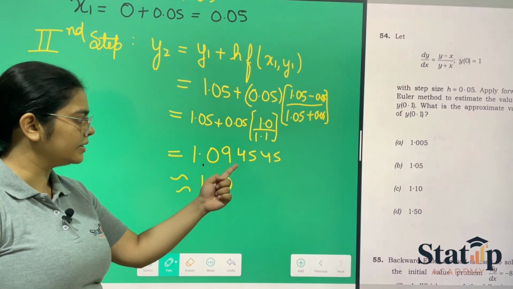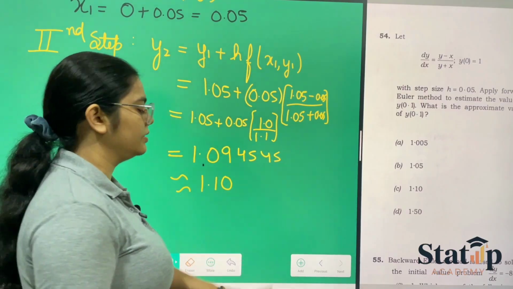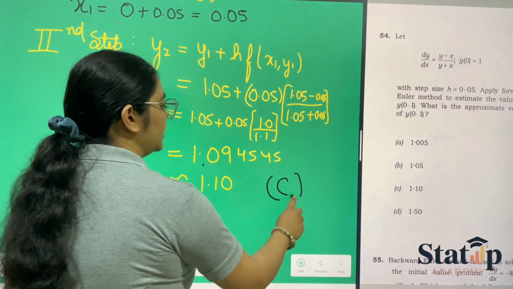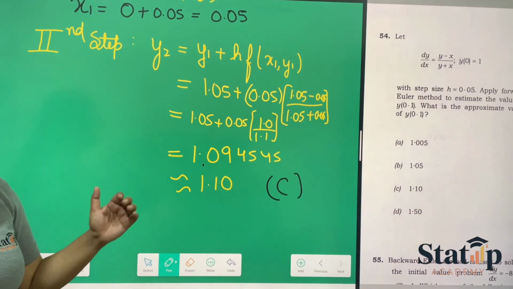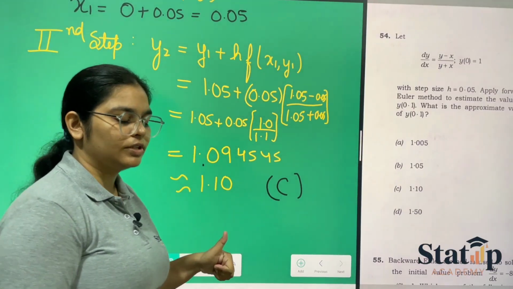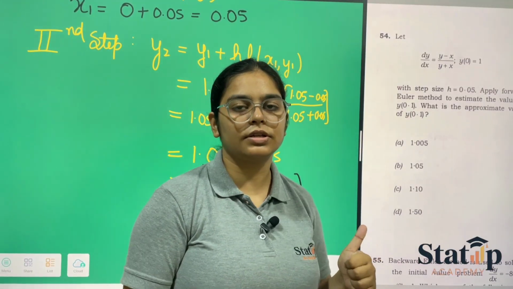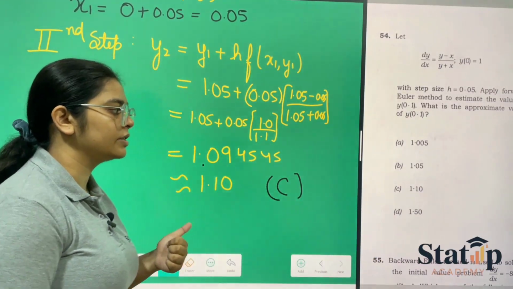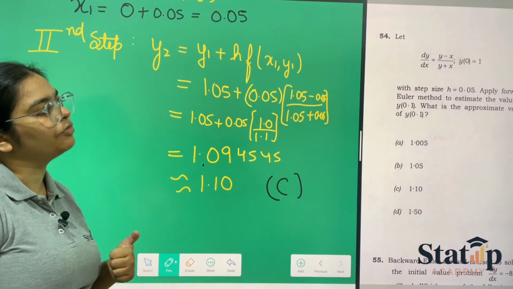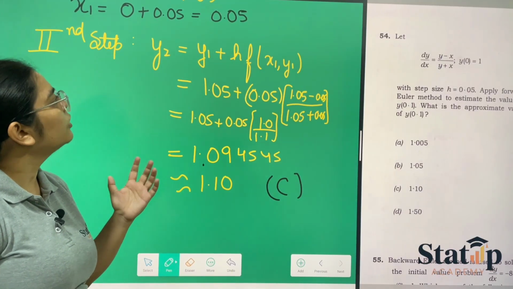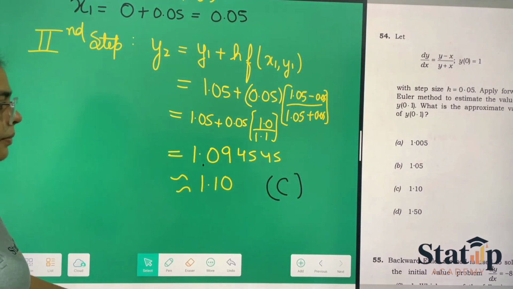So approximately this is almost equal to 1.10, which is our option number C. That is your correct answer. And this is also one of the questions that we have done in our series and courses, and also this is a PYQ in the previous year question papers. That also makes it important.